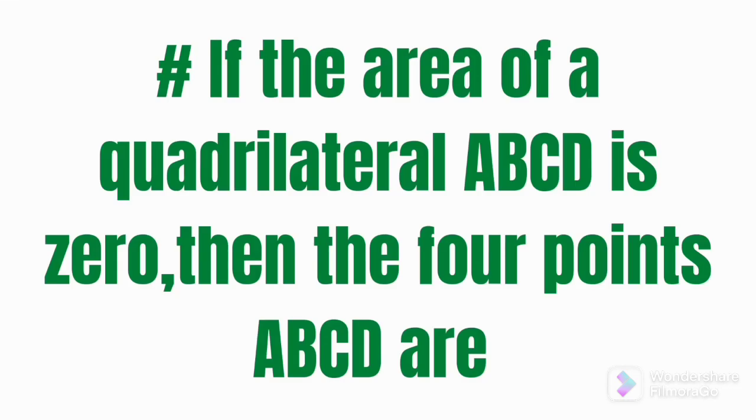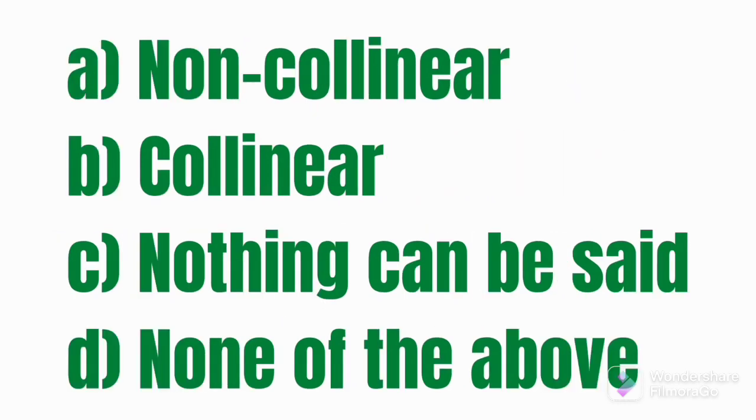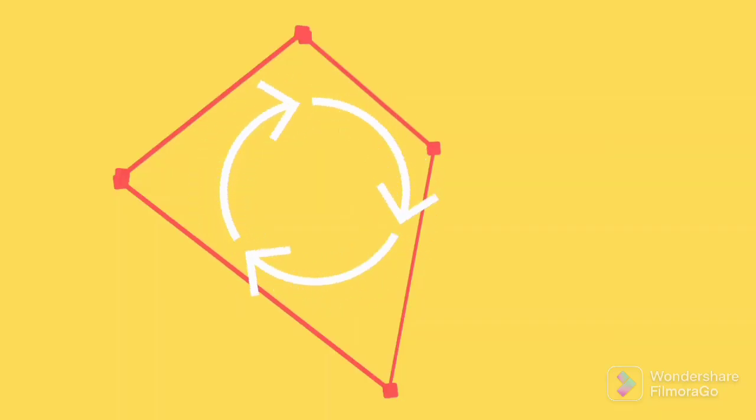If the area of a quadrilateral ABCD is 0, then the 4 points A, B, C, D are non-collinear, collinear, nothing can be said, or none of the above. We know that in a quadrilateral there are 4 vertices, which are represented by the arrow marks in the figure, and this quadrilateral has a certain area enclosed by the 4 line segments.